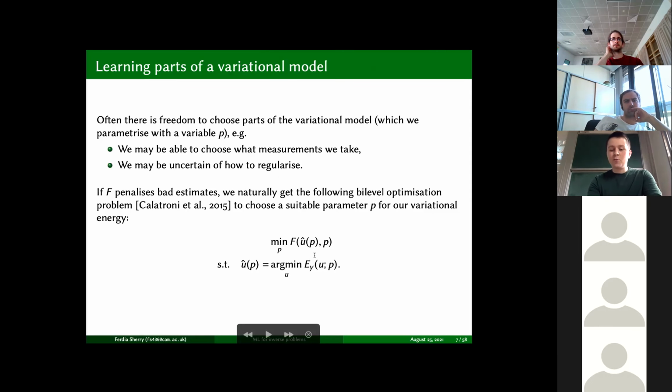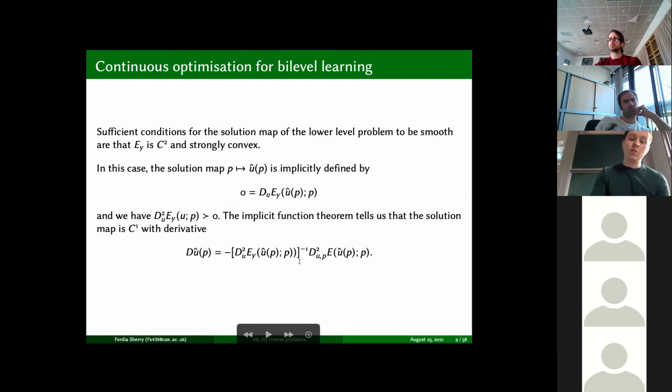So now the question is, we have this formulation, and how do we actually go about solving it? The nice thing is we're going to assume that the lower level problem is convex and smooth, and then the solution map is implicitly defined, and you can differentiate the solution map using the implicit function theorem.